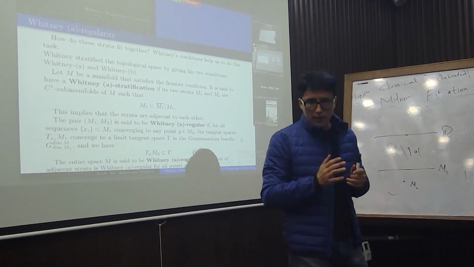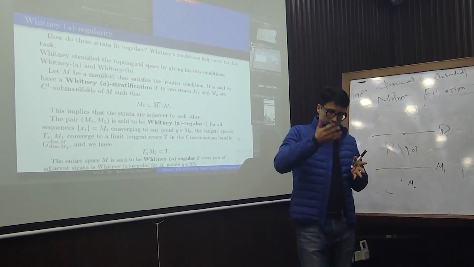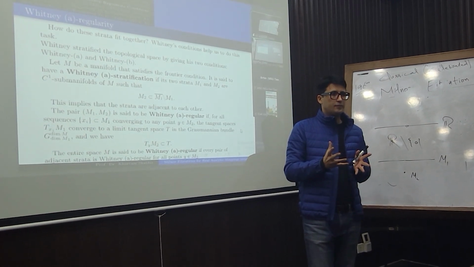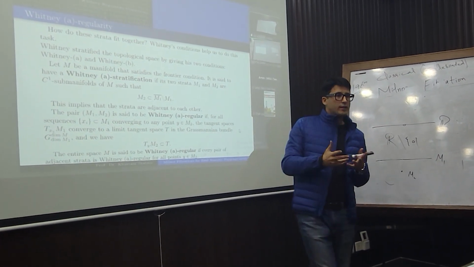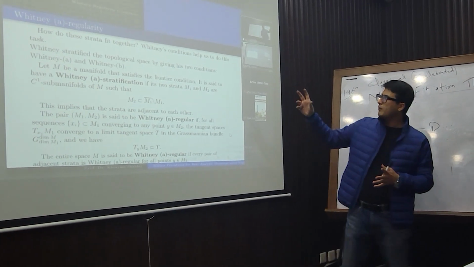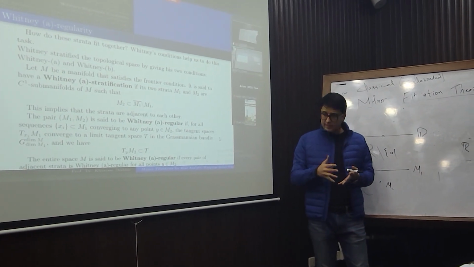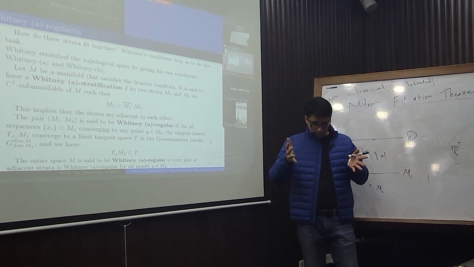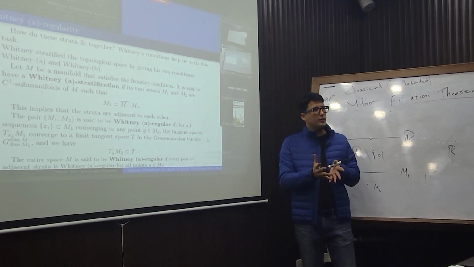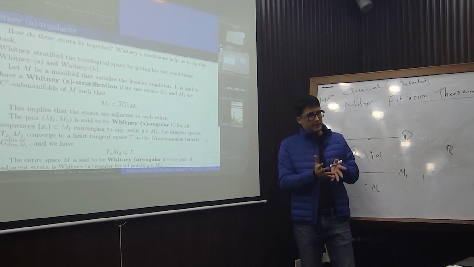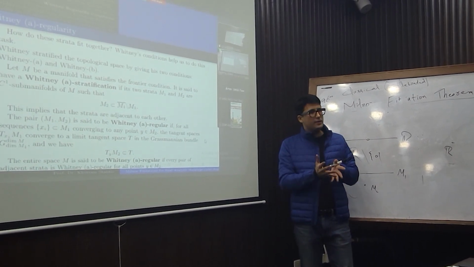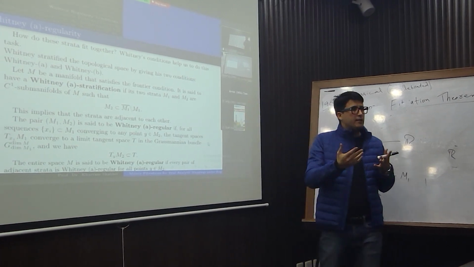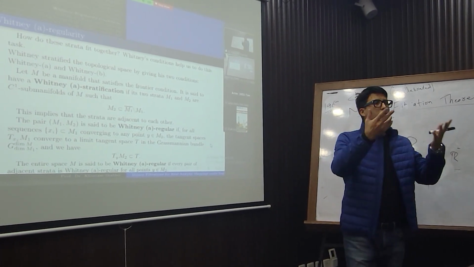So what is next then? Now the question is, once you have cut the space, how to join it back? So this concept is a regularity concept. Using these regularity conditions, people have of course used different methods to join those strata together in a way that when we join those strata using these regularity conditions, what we get is the removable singularity.